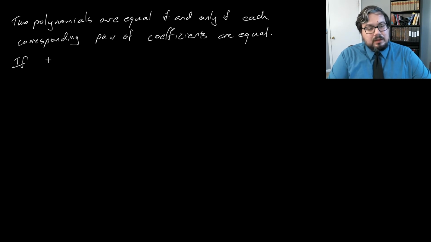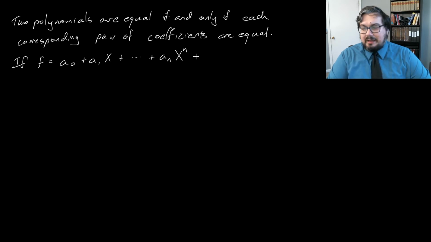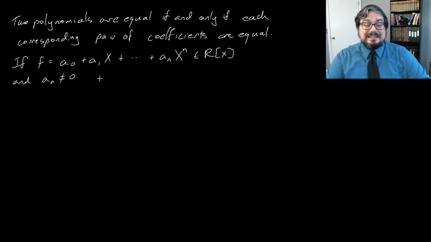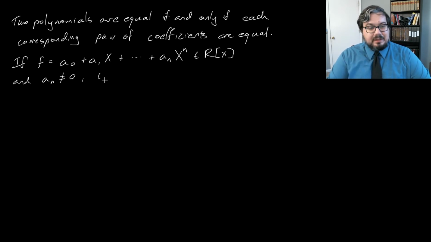Now, some terms that should be familiar to us. If we've got some polynomial f, a0 plus a1x up to an x to the n, belongs to some polynomial ring, and furthermore, if we assume that an is not equal to 0, then we say that f has degree n.